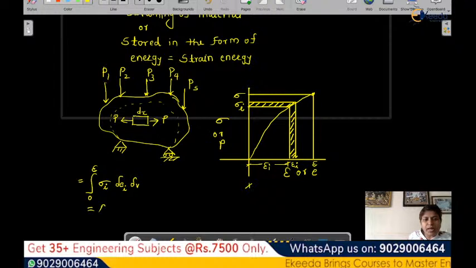So this is actually the area under the stress strain curve.